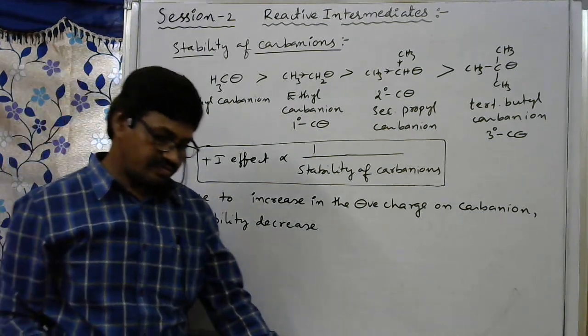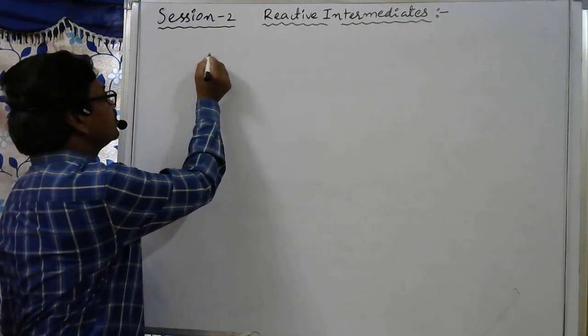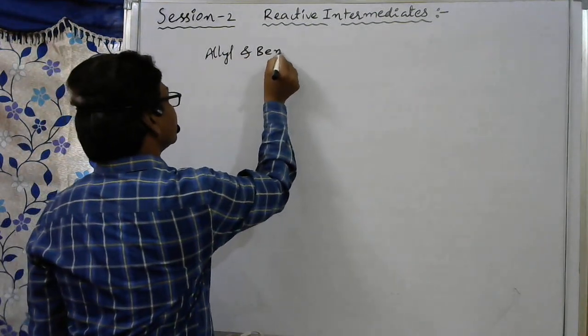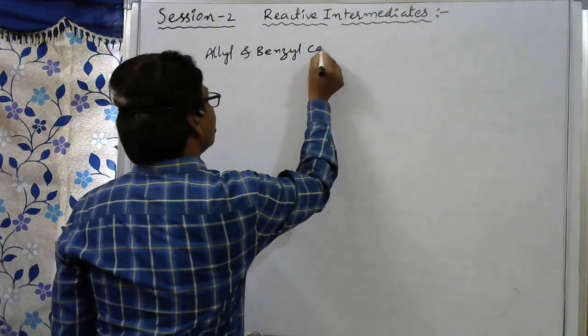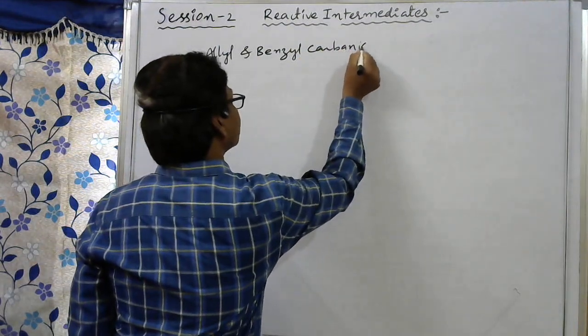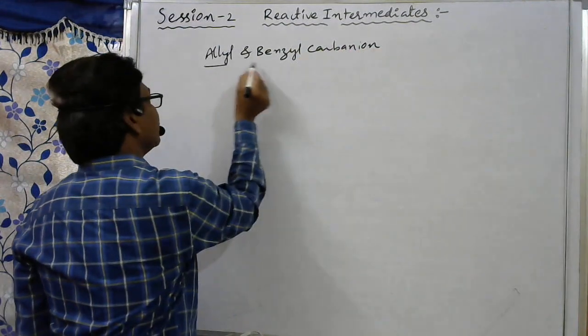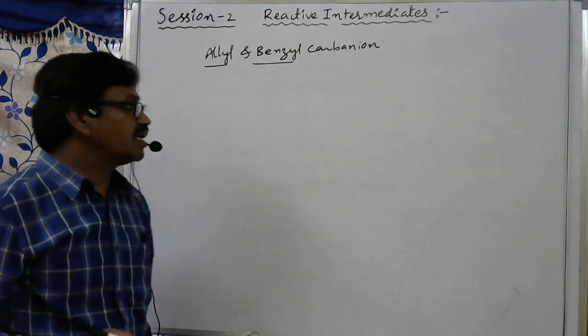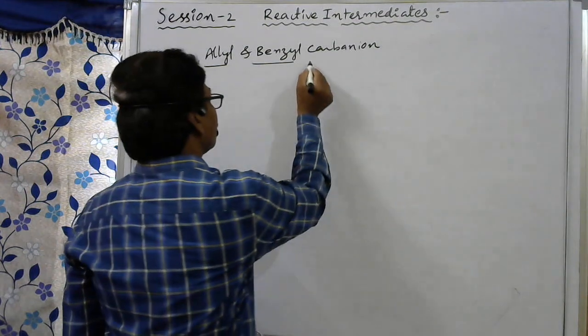Then allyl and benzyl carbanions. What is allyl? What is benzyl? Already in the previous class I have given that, when we discussed carbocations.